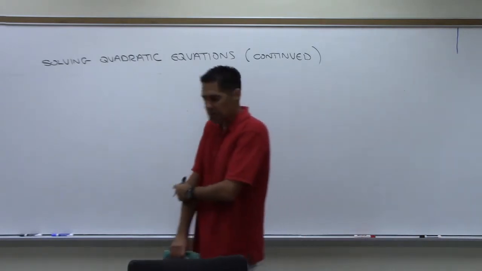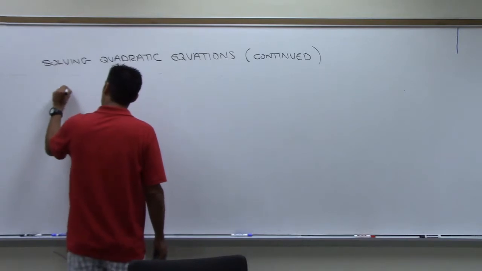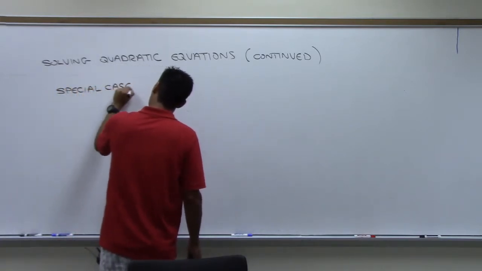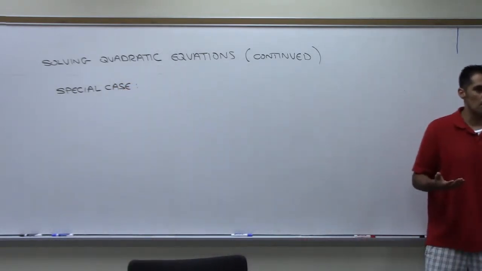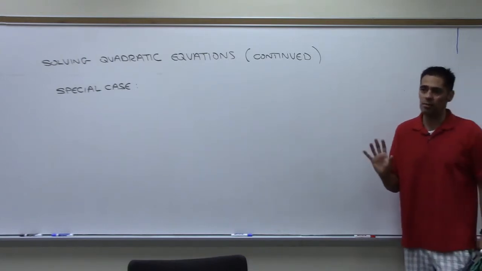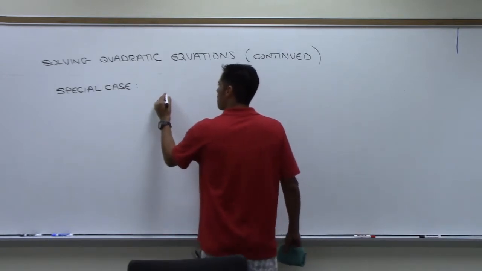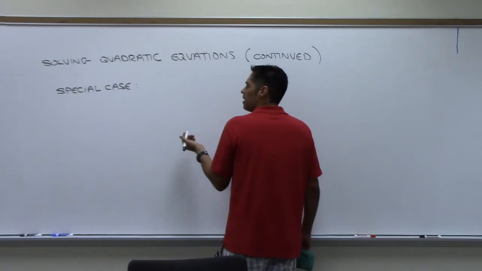There's a special case where we use a special technique to solve a quadratic equation, but it has to look exactly right to do this. Let me write down a specific example first, and then I'll illustrate what it is that makes it special.